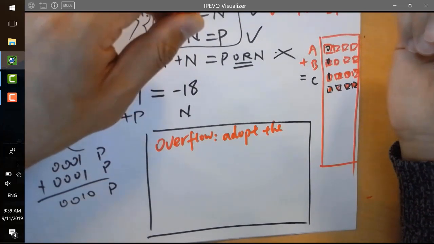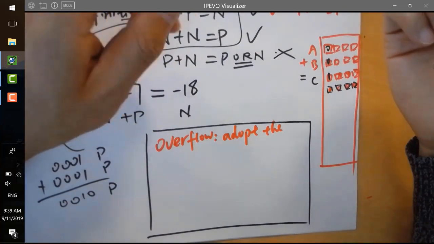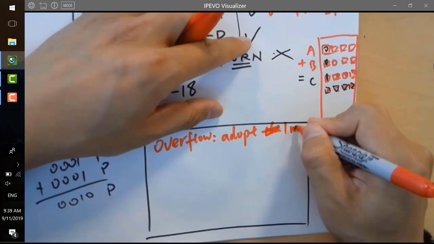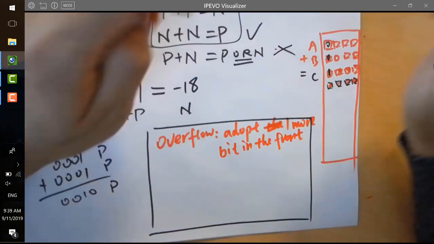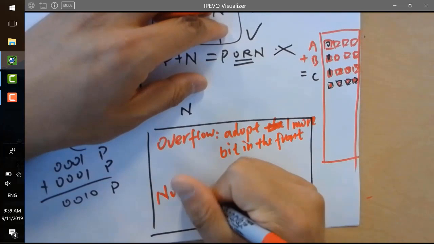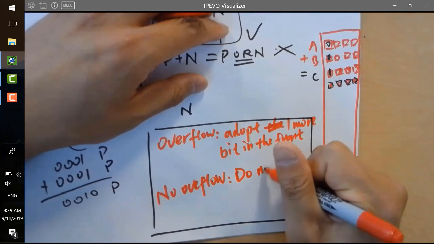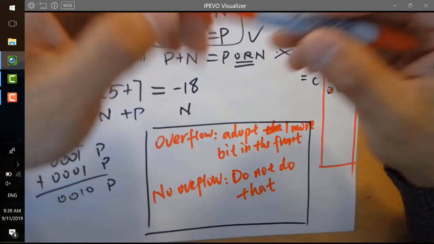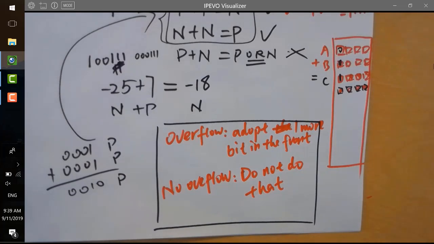How do I want to say that? I hate my English teacher. Adopt one more bit in the front, right? No overflow, just don't do that. So it's no overflow and there's a number on the end, just... Yeah, don't use it, yeah.